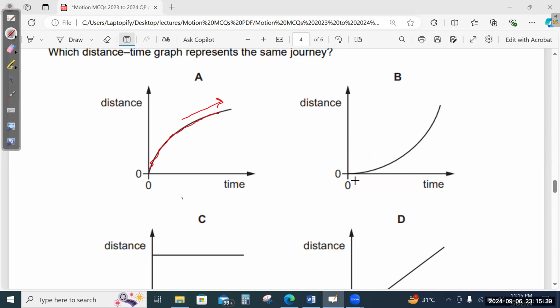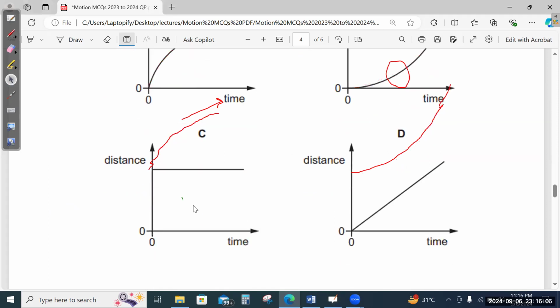If you look at this one, the speed of the object gradually increases, and again it is increasing, and the graph keeps moving upward, which means speed is increasing. So I think this will be the right answer, but I have to check all the options.